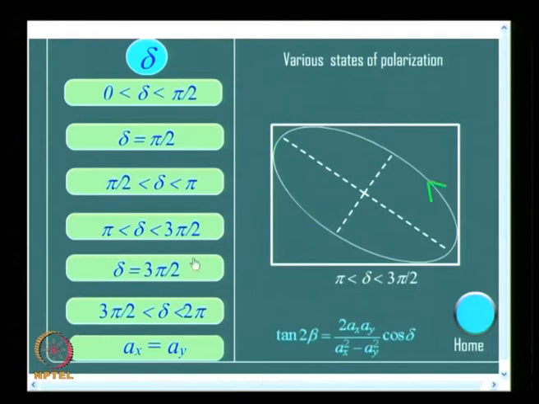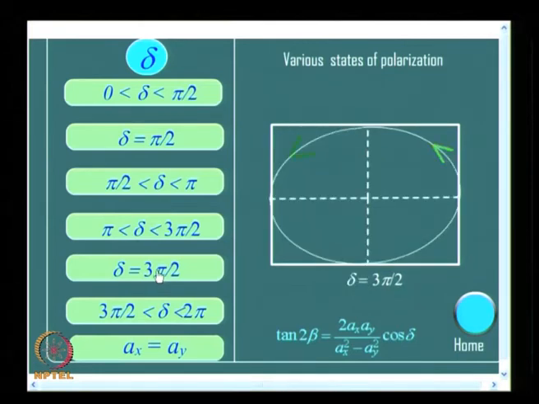And when delta equals 3 pi by 2, pi by 2 and 3 pi by 2 share a commonality. The axes coincide with the reference axes, but the handedness changes. When it was pi by 2, the handedness was clockwise, and when it is 3 pi by 2, the handedness is anti-clockwise.